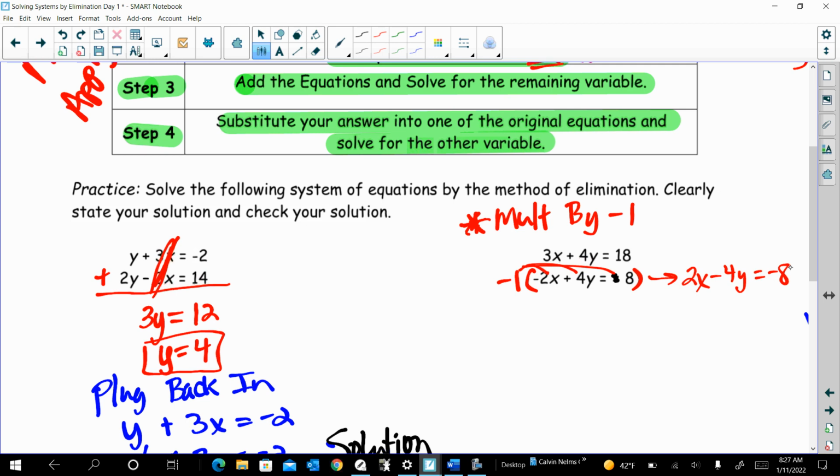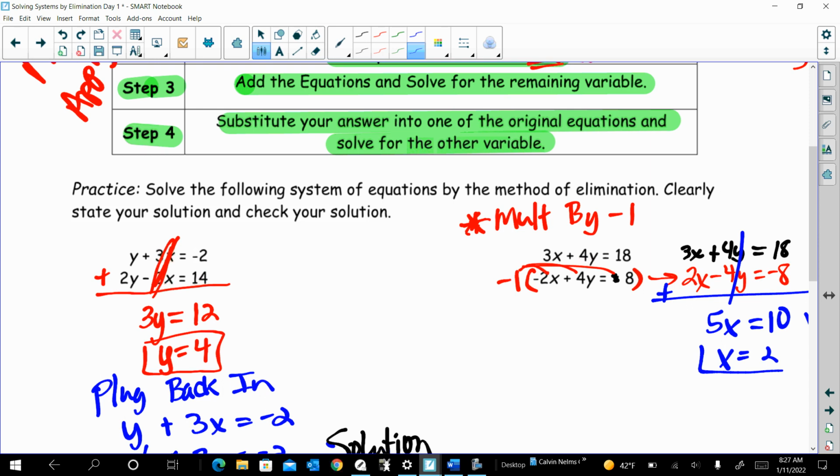Everything else on the top remains. So we have 3x plus 4y equals 18. So now we can add them, and now our y's will cancel. So when we add, we get 5x equals 10. So x equals 2. Then we just need to plug it back in.